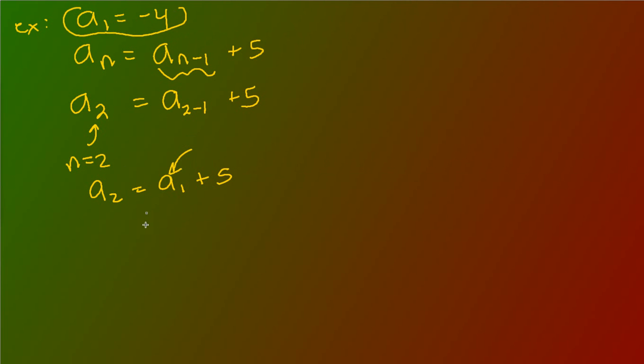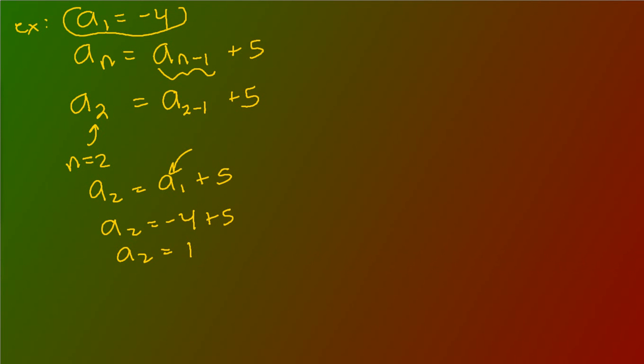So when I go to this part right here, well, I'm saying n is 2. All right, so 2 minus 1, that's 1. And now I just so happen I know this. The first term's -4. And it looks similar to the previous example, but there is a very important difference here.